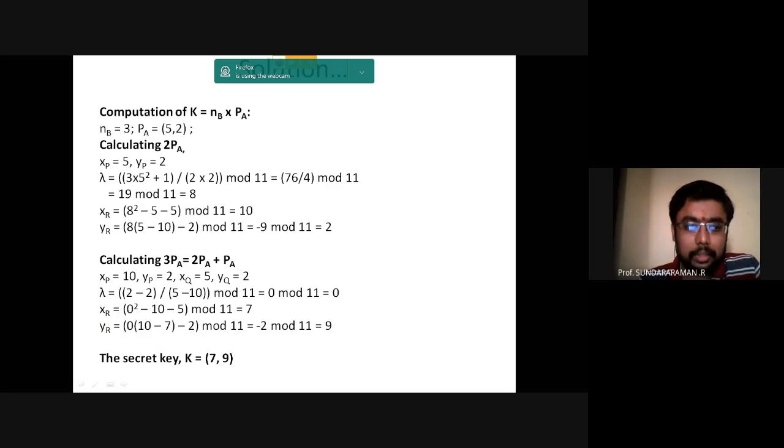And YR is equal to minus 2 mod 11, which gives you a value 9. Therefore, by applying 3 into PA, we get the secret key K equal to 7, 9. Right?